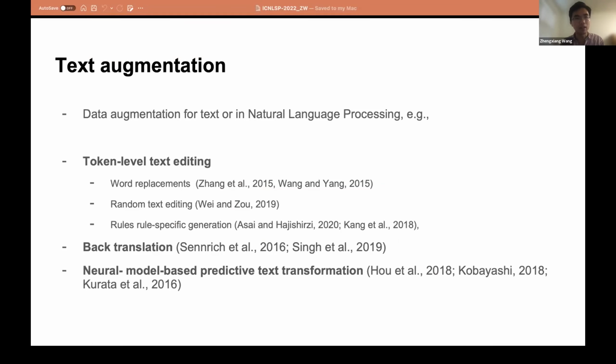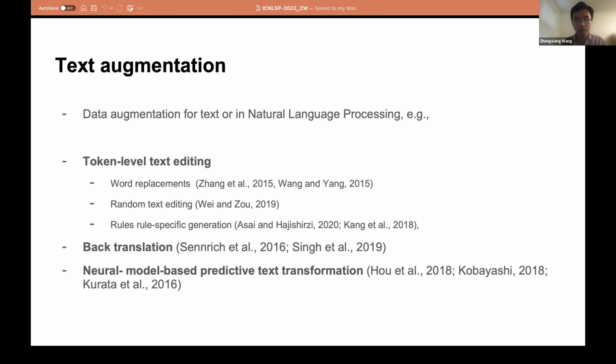In the field of natural language processing, data augmentation is also known as text augmentation. There are several proposals made in this field to augment text, such as token level text editing, back translation, or neural network model-based predictive text transformation.